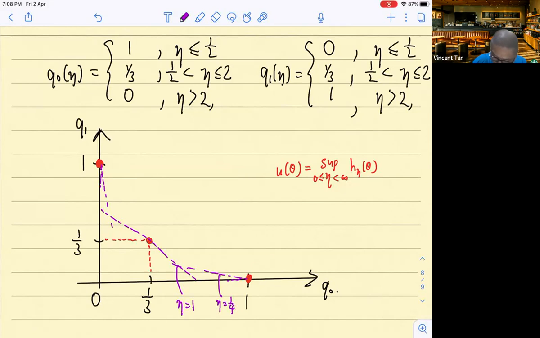Here, this represents the point when eta is between 0 and half. We have this operating point here. Here we represent eta bigger than 2. And here we have the case when eta is between half and 2. So we have all these different lines here. For example, this could be eta equals 4, so we have a steep slope here.